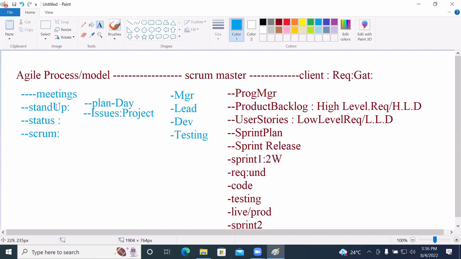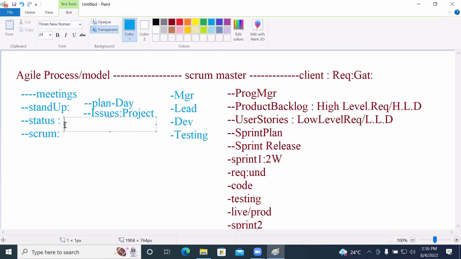Okay. In a similar way, you have a status meeting. Status meeting, very simple. In the name itself, you can understand. What is the name it got? Status. So what is the meaning of that? Status of not the project, but your work. In the morning, in the stand-up meeting, you got a plan of what needs to be done.